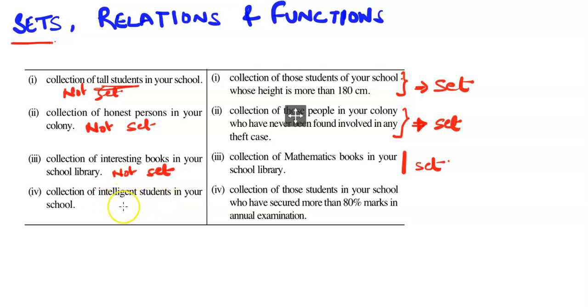How do you define intelligent students? It is again somewhat vague, so this is not a set. A collection of students in your school who have scored more than 80% marks in the annual examination is something you can easily verify. So it is well defined, and you can find the unique set of people who have got this. So this is a set.